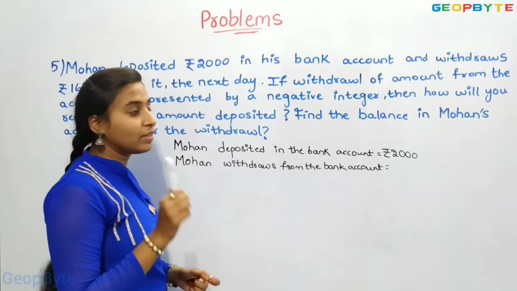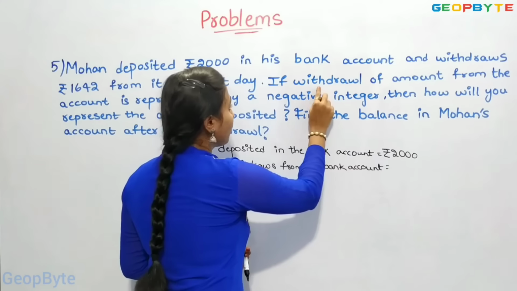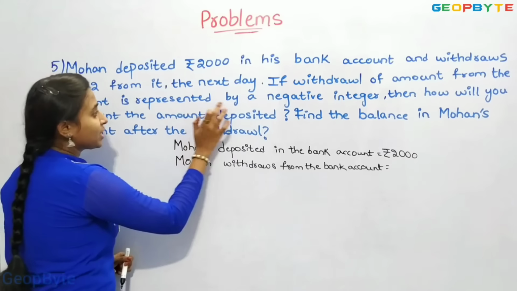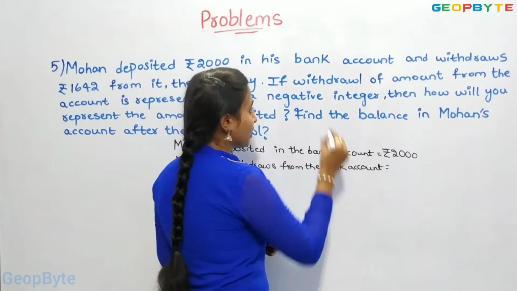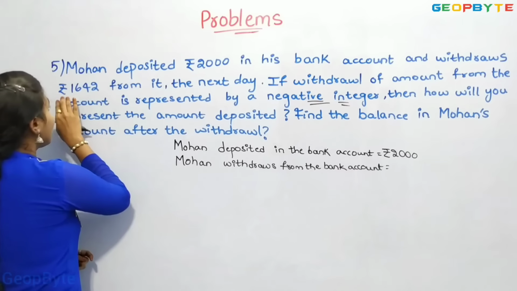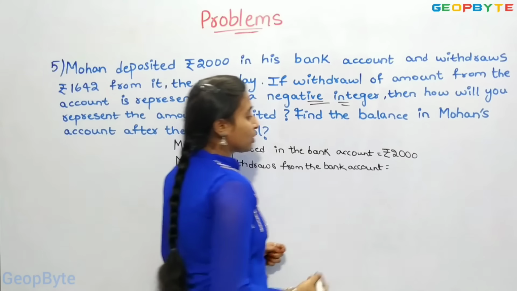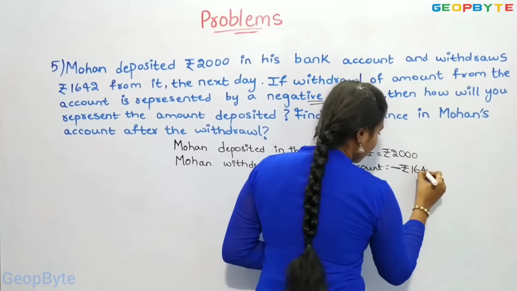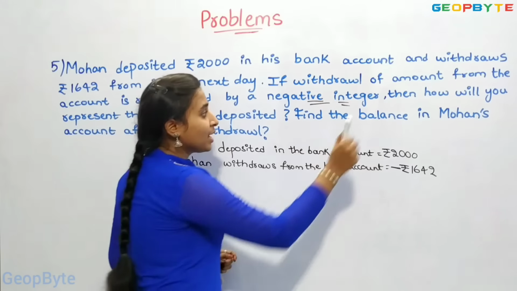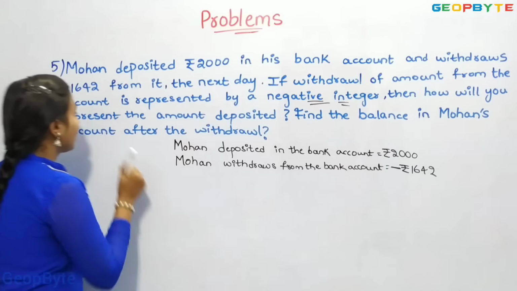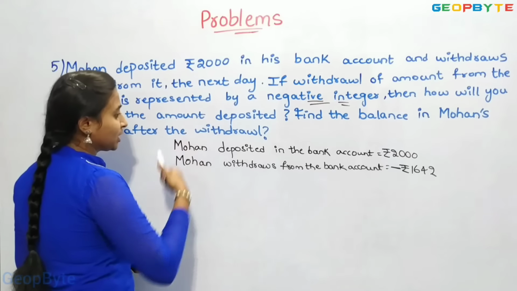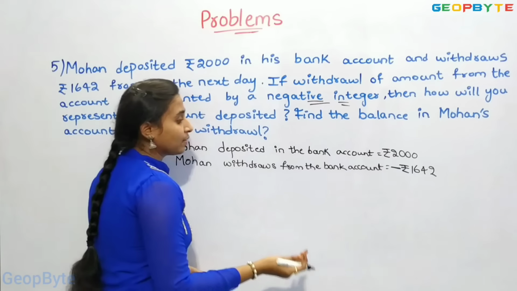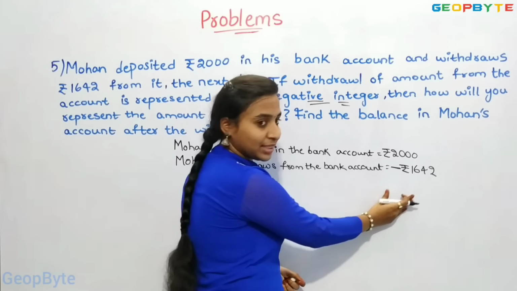They have given one more condition also: if withdrawal of amount from the account is represented by a negative integer, means we have to consider the withdrawal amount, that is 1642, as negative integer. And they asked, then how will you represent the amount deposited? Obviously, we will represent the amount deposited as positive, as the amount withdrawal is negative.